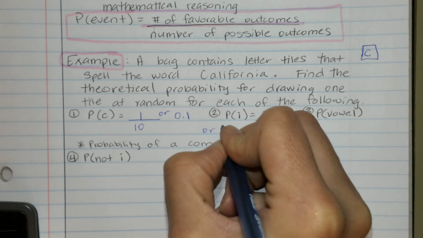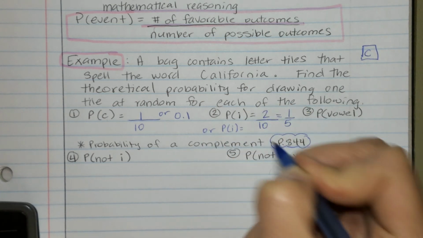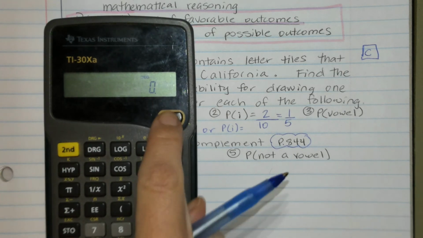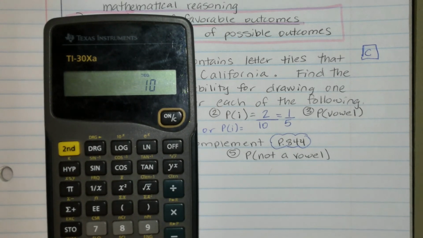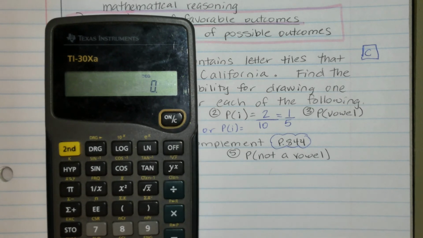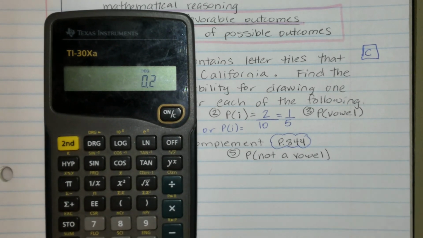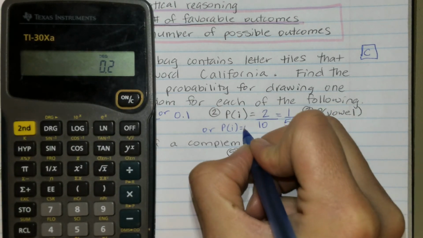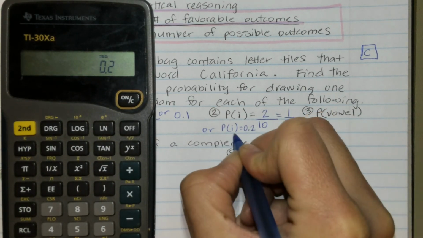Or I want to just show you guys again how to write this as a decimal. Just so you know, you could do 2 divided by 10, and that still gives you the same answer. Or 1 divided by 5, it's still 0.2. There's not a lot of room to write that. Okay, 0.2.